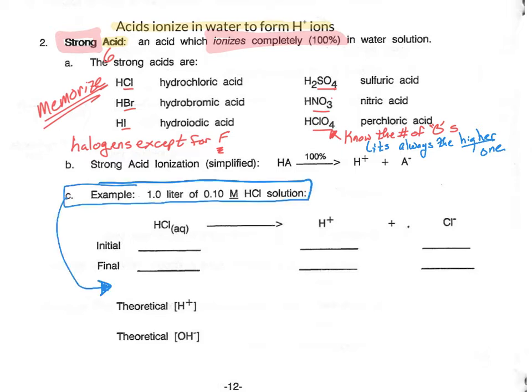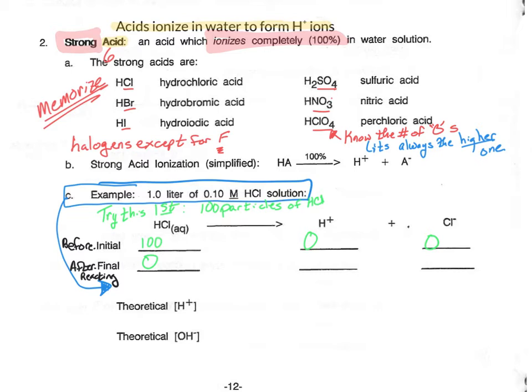Now we're going to focus on some calculations. We're going to move letter C down because I don't want to focus on it yet, and we're going to give an example where we try 100 particles of HCl. In this example, we're going to look at what it looked like before and after it reacts. If we have 100 particles of HCl and we have no H+ or Cl- before the reaction, what do you have afterwards?